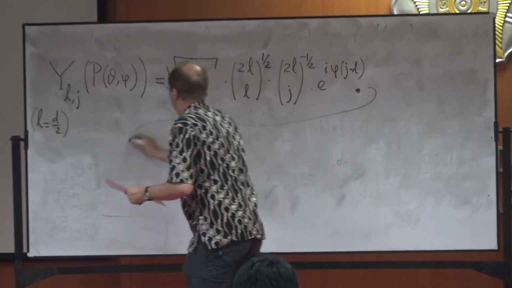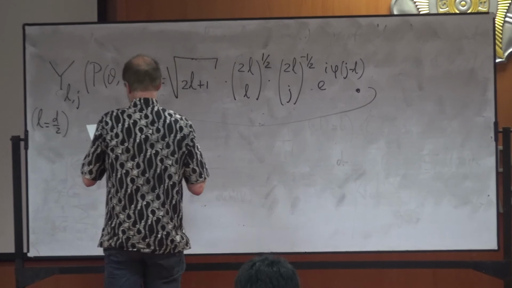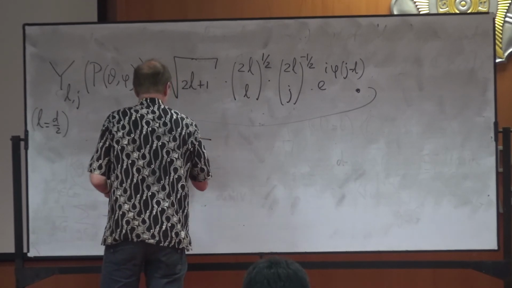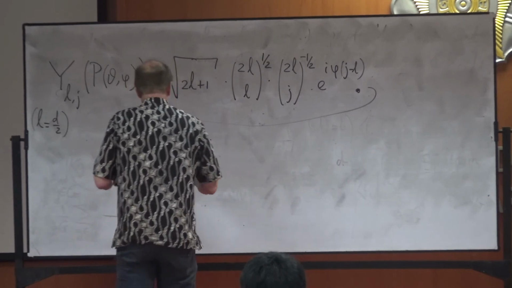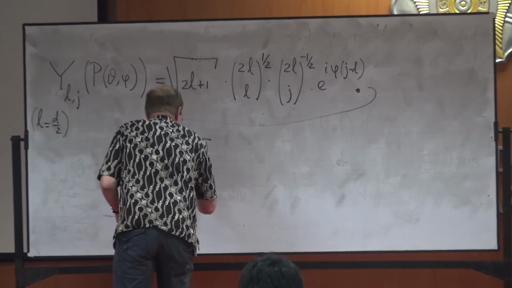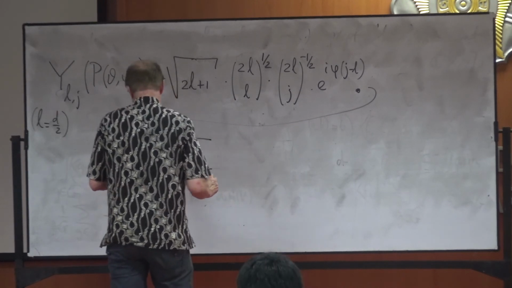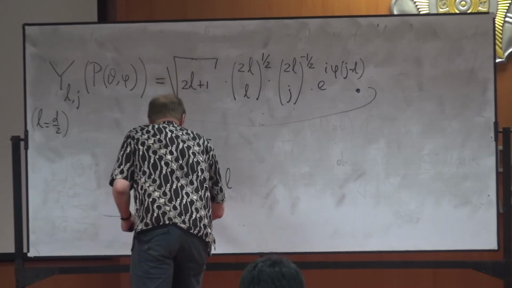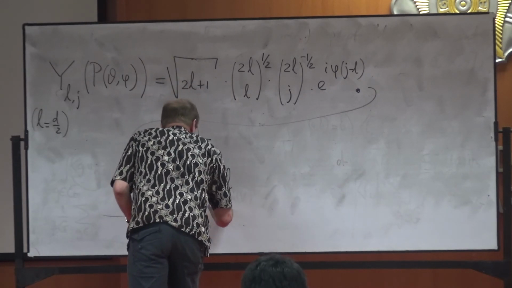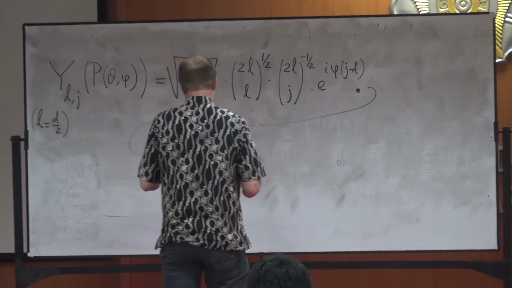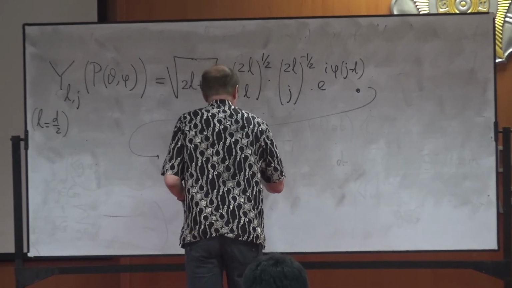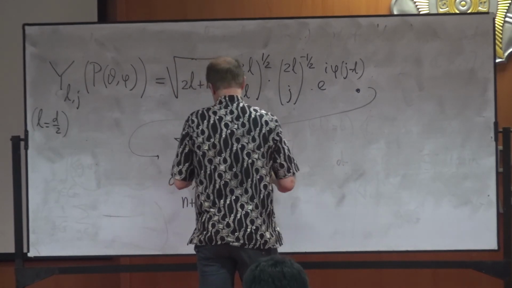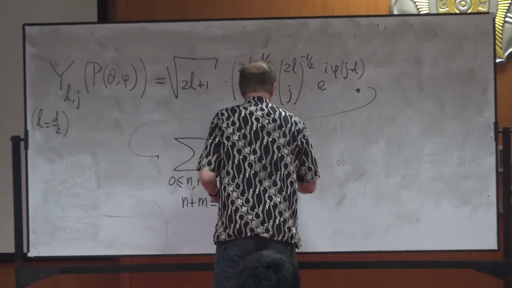I continue here, times the sum, where 0 is less or equal to n and m, less or equal to L, and n plus m is j. And then there are more binomial coefficients, L choose n, L choose m.